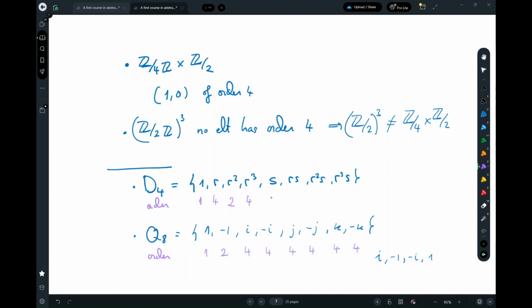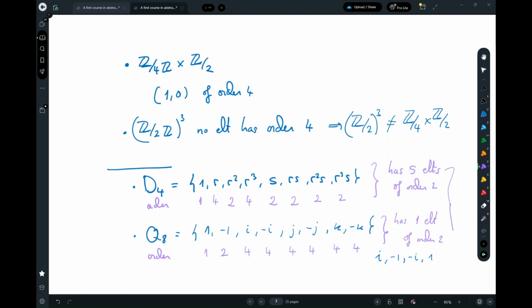s is a reflection, and a reflection has order 2. And rs, r squared s, and r cubed s are actually also reflections of the square. So this has order 2, this has order 2, and this has order 2. And now we can see that D4 has 5 elements of order 2, but Q8 has 1 element of order 2.